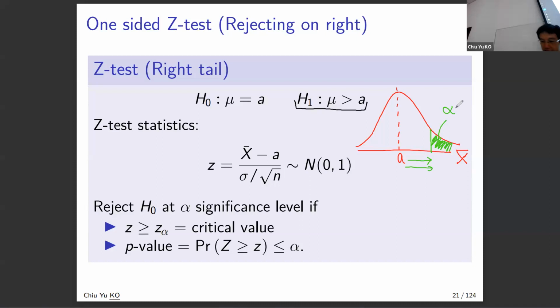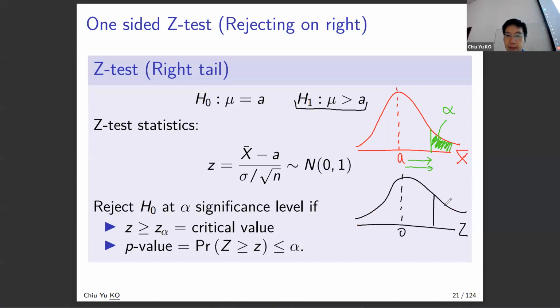That means the following. If you consider this case in Z, this is N(0,1) again. And for this area to be alpha, that's very simple. This is just Z alpha. I hope now you see why we use the Z alpha notation, because it fits exactly in here.